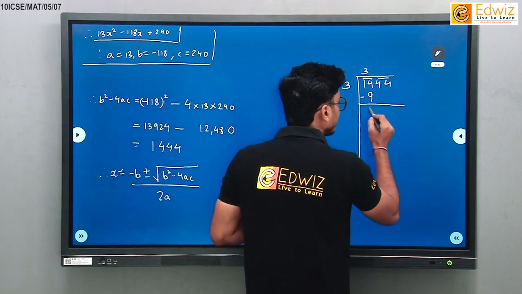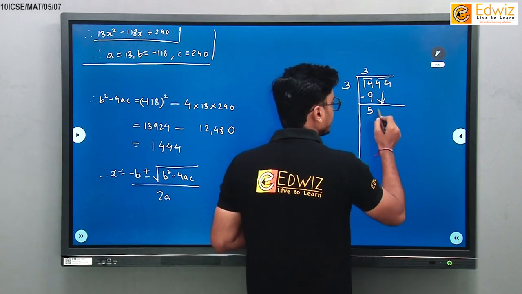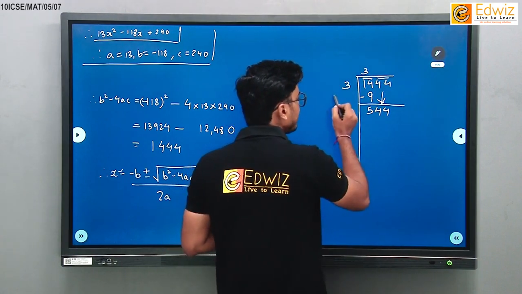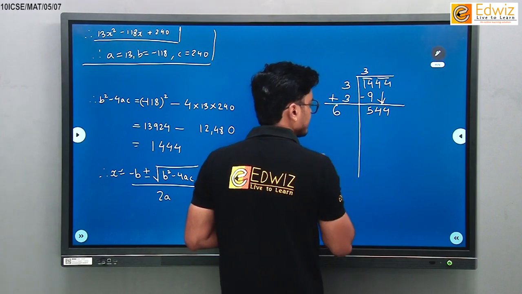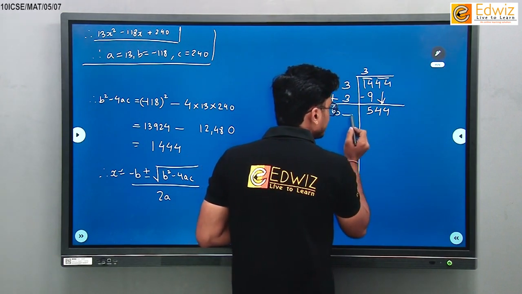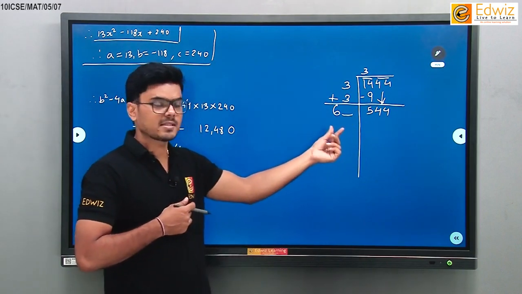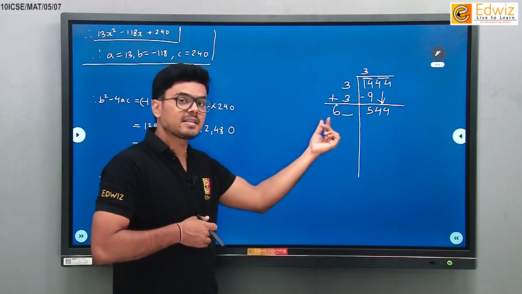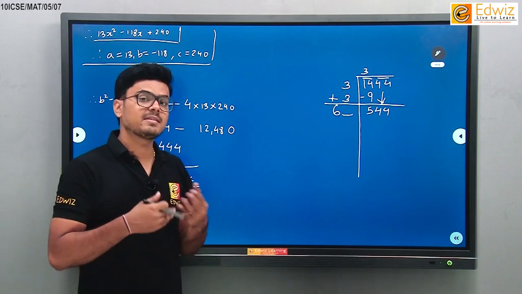Subtract. Answer is 5. Then take the next pair of digits at the bottom, that is 544, and here you add the same digit again, 3 plus 3, you will get 6. Correct? Now to this 6, we will add one more digit here at the units place, and it should be in such a way that when you multiply this 60 dash, it should be multiplied with the same digit.